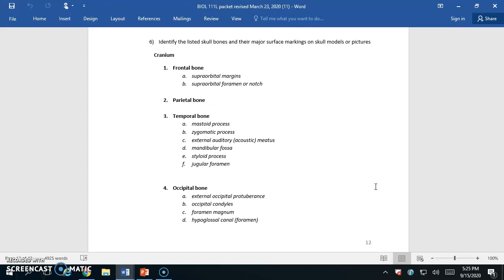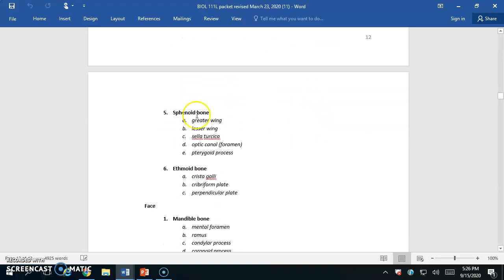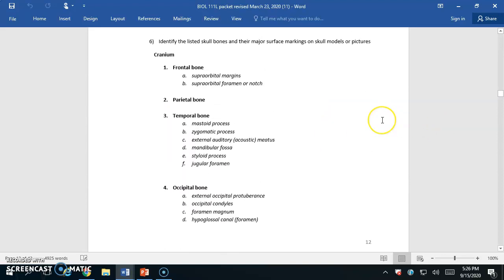So how we have our lab packet set up is we have the cranial bones first, so part of the cranium. And these are the bones, and they're in bold, and they also have "bone" behind them. So you're going to identify the frontal bone, parietal bone, there's 2 of those, temporal bone, 2 of those, occipital bone, there's just 1 of those, sphenoid and ethmoid bone. So those are going to be the bones of the cranium.